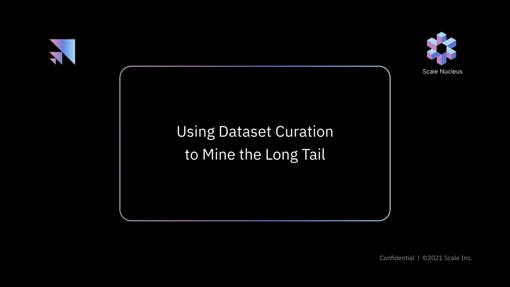Using dataset curation to mine the long tail is the cornerstone of improving model performance in these tricky cases. We are fortunate in that most of the time, when our models are deployed and we do have issues with rare classes, we can take that data we're seeing in production, collect it, and hopefully include it in another round of labeling.